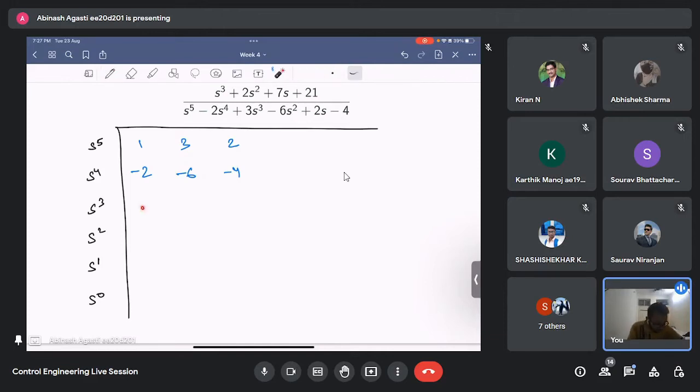Because when you find the next place, what you do is you multiply this, then divide by this, right? So if I divide this by 2, -1, -3, -2, then -1 into 3, -3 into 1.